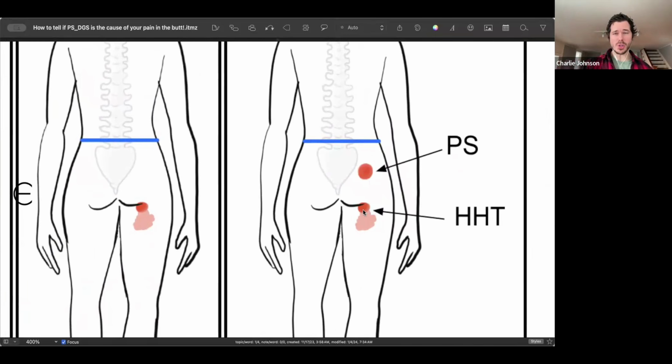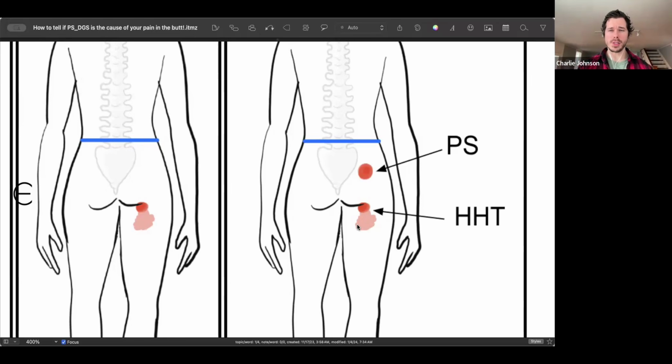Instead, it's much lower, at least a few inches lower, where you're taking your hand underneath the cleft of your buttock, and you're pushing on a bone, because this is where the hamstring attaches. The piriformis muscle is much higher in the buttock than the hamstring.